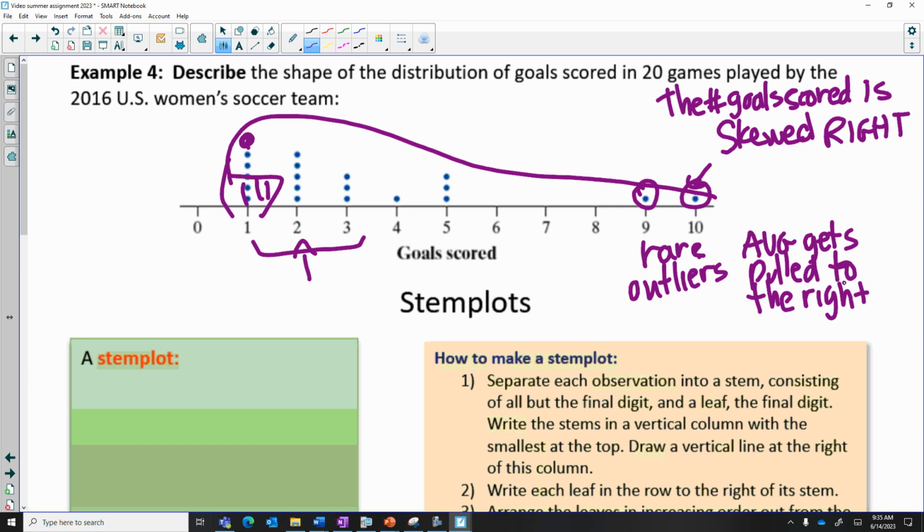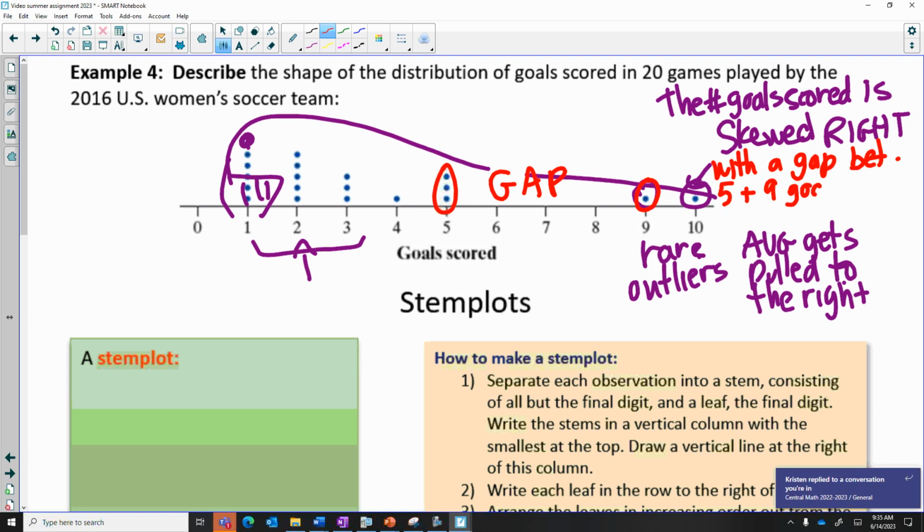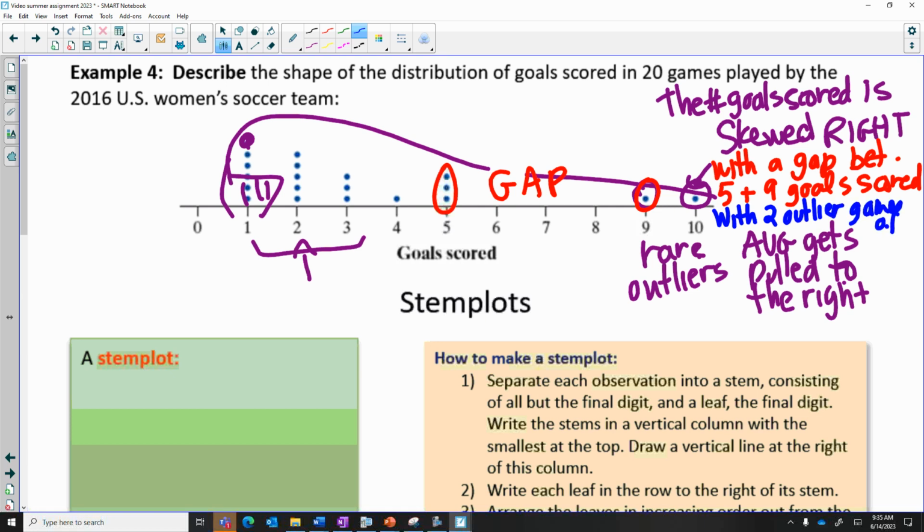Now, the other thing that we want to say is there's a gap. So there is a gap between the 5-goal mark and the 9-goal mark. So we want to say exactly where the gap is located, okay? So with a gap between 5 and 9 goals scored. And then we also want to say how many outliers there are. With 2 outlier games of 9 and 10 goals scored.